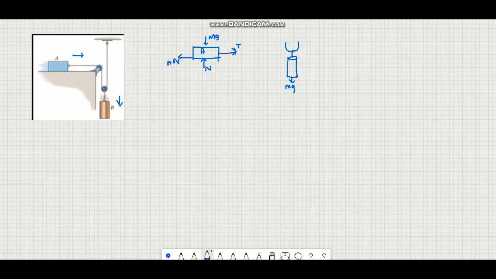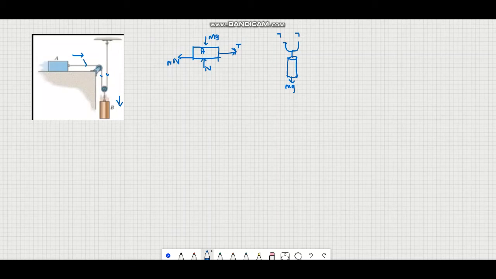This tension is T on the right side and T on the left side, because T comes over here, and when it passes around this pulley it's going to be the same thing.